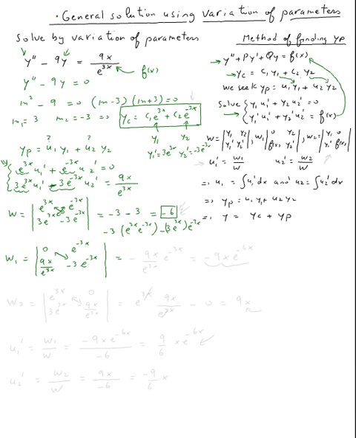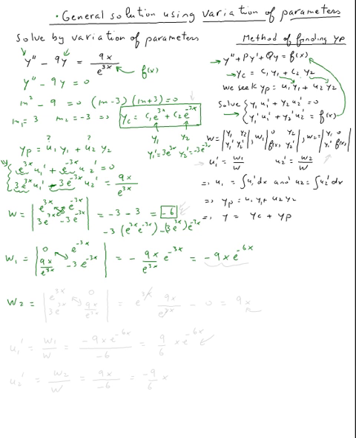Now this is going to be 0 times that, which is 0, minus 9x over e to the 3x times e to the negative 3x, which is equal to minus 9x e to the minus 3x times e to the minus 3x, which is e to the minus 6x.